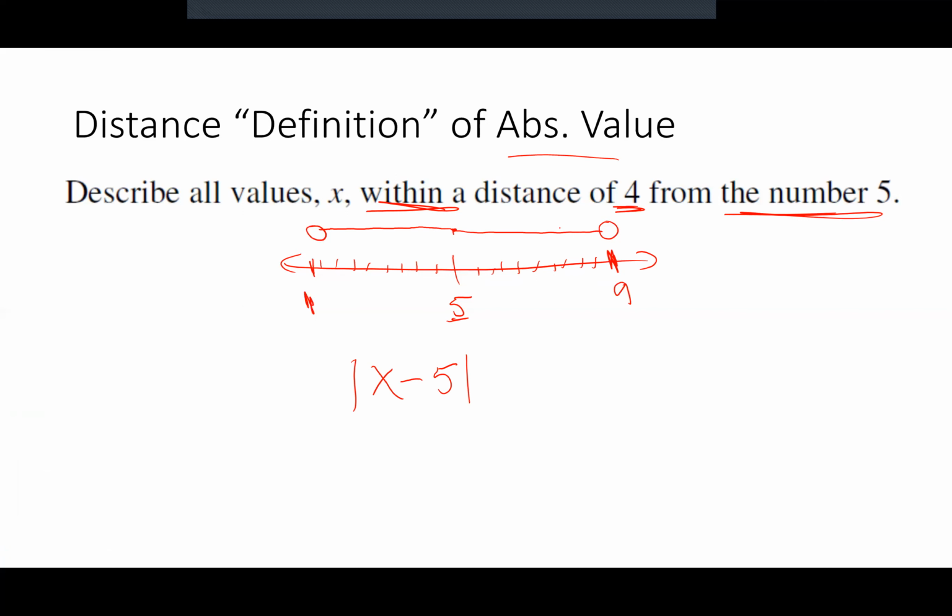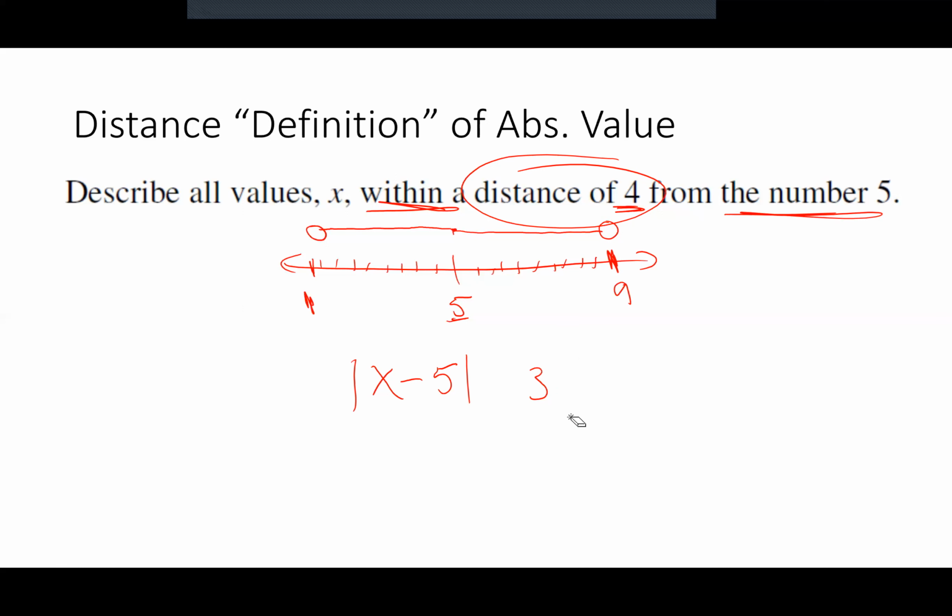Now, it's going to be within a distance of 4. So let's talk about all the things the distance can be. It can be 3.99. That's fine. It could also be 3.9. It could also be 3.